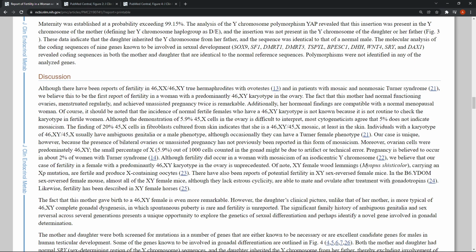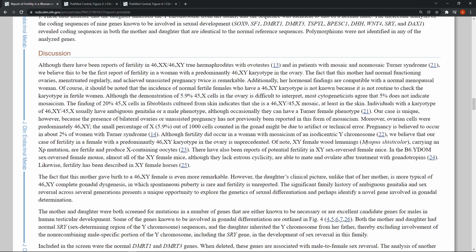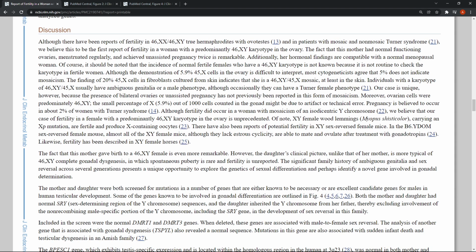Of course, this family is like the first in the world to have this kind of abnormality. It is different from the norm, but it's not unheard of in nature. So yeah, obviously the authors are right in saying that. There could be a novel gene involved in gonadal determination, and it's somewhere in them hills. Genetics is crazy new, and there are breakthroughs every day.